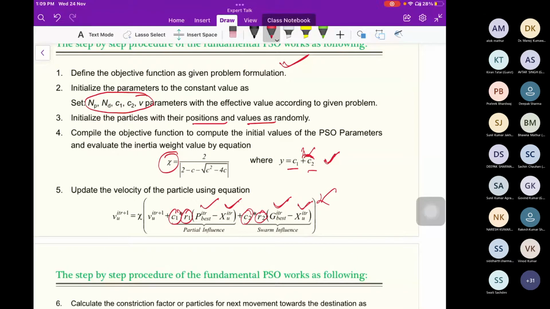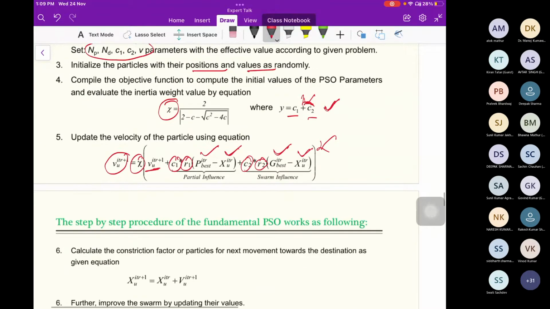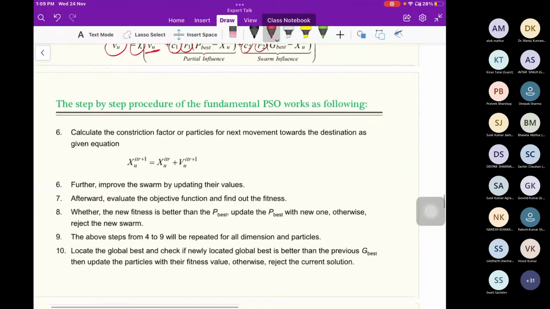The algorithm repeats again and again until it satisfies the termination criteria, which will give the best fitness value. And the same step-by-step process we can make in flowchart form.